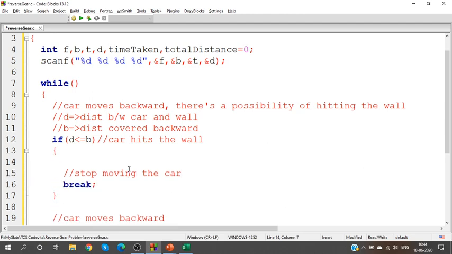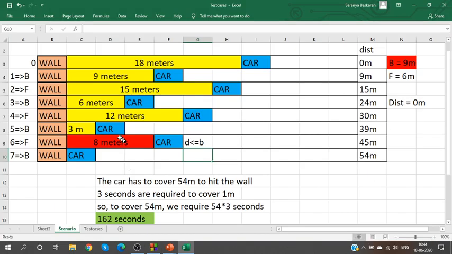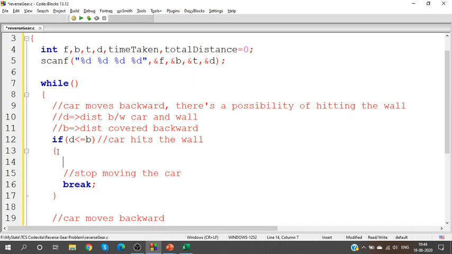Okay, but what about the distance covered? Even though I have 8 meters, I should travel this 8 meters. Only then I can hit the wall. So whatever distance is remaining, travel that distance to hit the wall. So to the total distance, add the remaining distance.